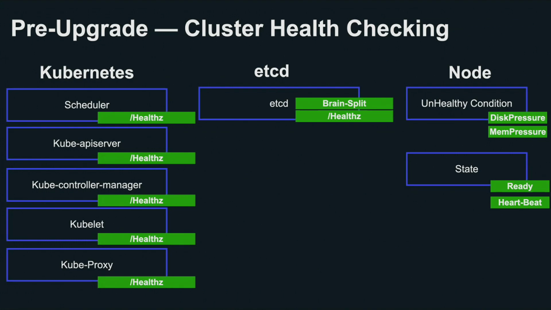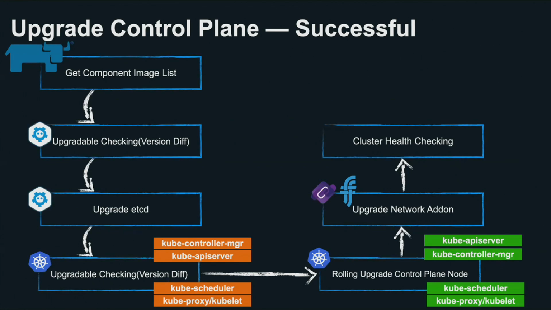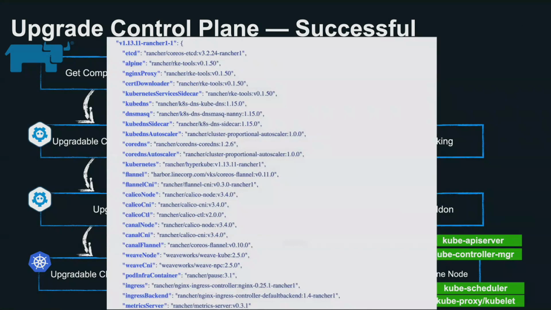Now, let's check what the upgrade control plane flow looks like. In the upgrade control plane phase, a successful upgrade workflow looks like this. It will get the necessary image map based on the desired Kubernetes version. Here is the example: because some of the control plane software we are using is only compatible with specific Kubernetes versions, it means those software need to be upgraded when they upgrade the control plane.